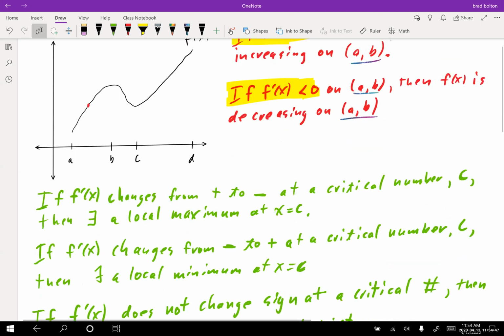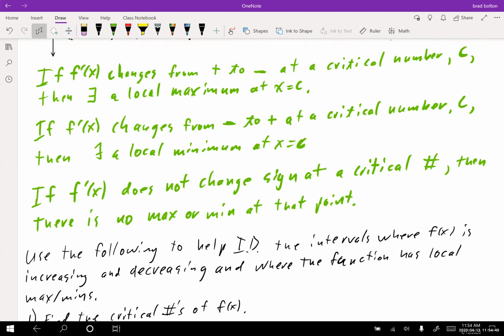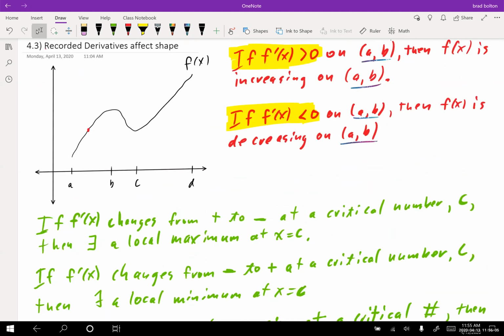So we come over here and we say, if f prime of x changes from plus to minus, so from positive to negative at a critical number c, then there exists a local maximum at x equals c, okay? So that makes sense. Now think about it. If we're going from a derivative being positive, so pretend we're here, and then we're here, and then we're here.